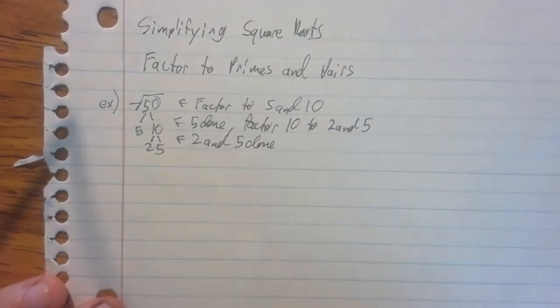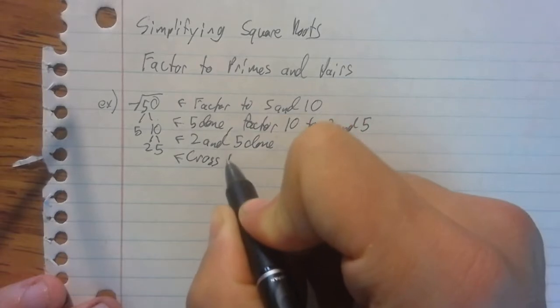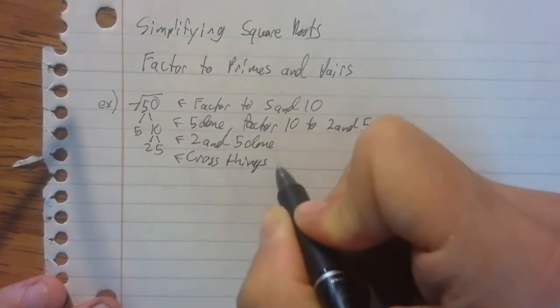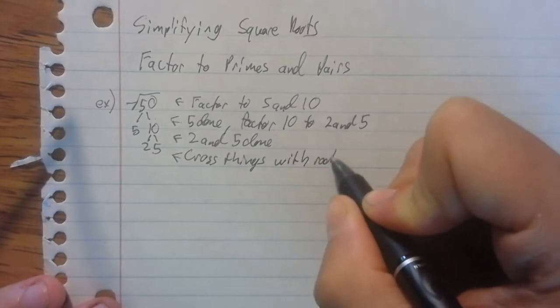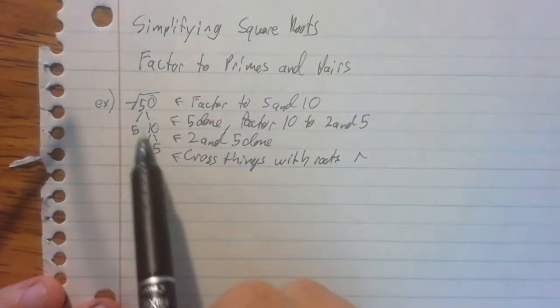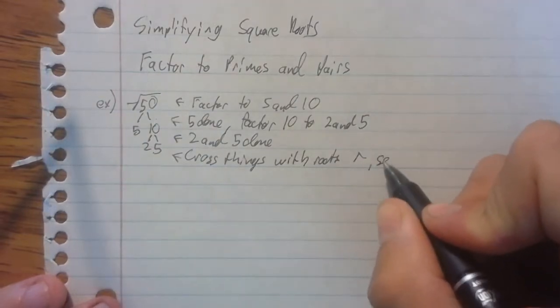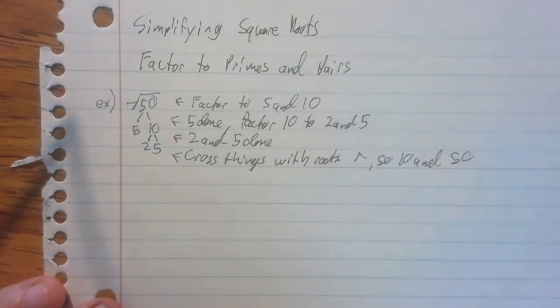The next thing we are going to do is cross out things with roots. So these things, the 10 and 50.